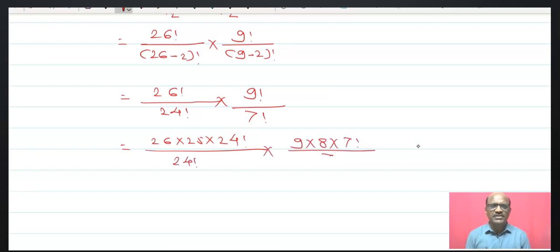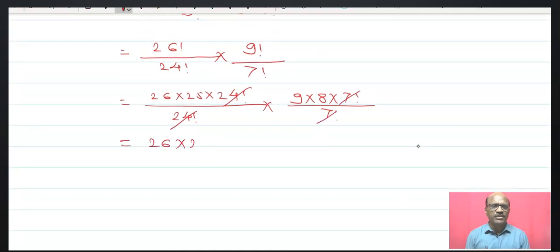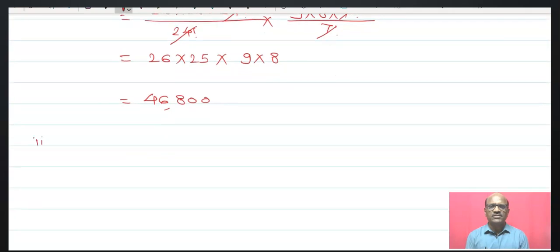It is written as 26 into 25 into 24 factorial upon 24 factorial, 9 into 8 into 7 factorial upon 7 factorial, that get cancelled, 24, 24, 7, 7, and therefore their product is 46,800.